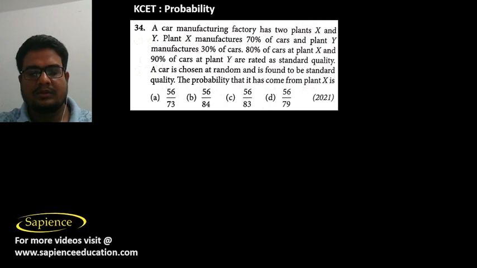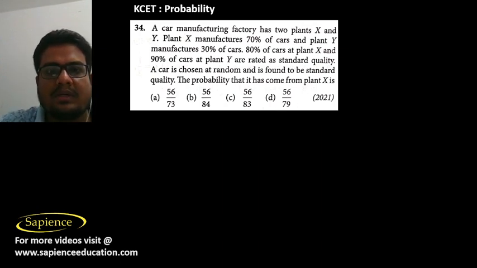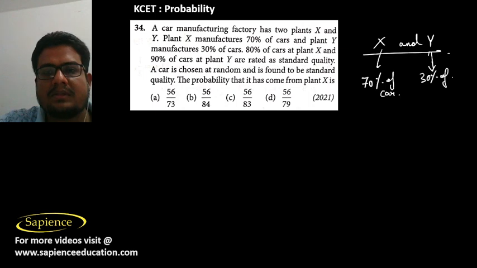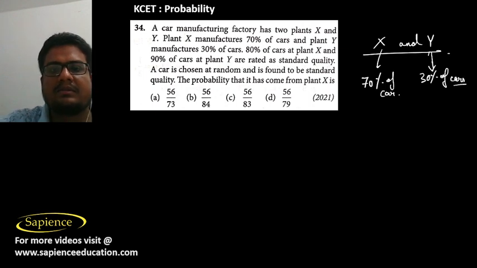Then question number 34 says a car manufacturing factory has two plants, X and Y. Plant X manufactures 70% of the cars and plant Y manufactures 30% of the cars. 80% of the cars in plant X and 90% of the cars in plant Y are rated as standard quality.